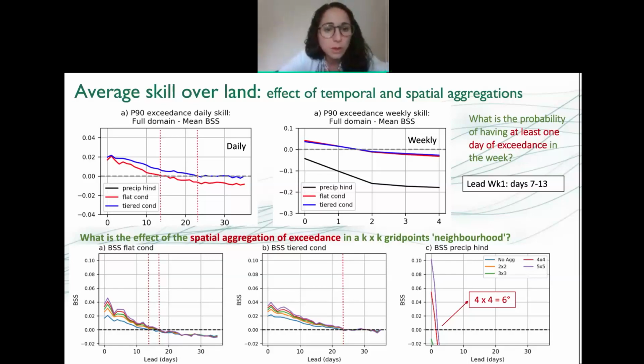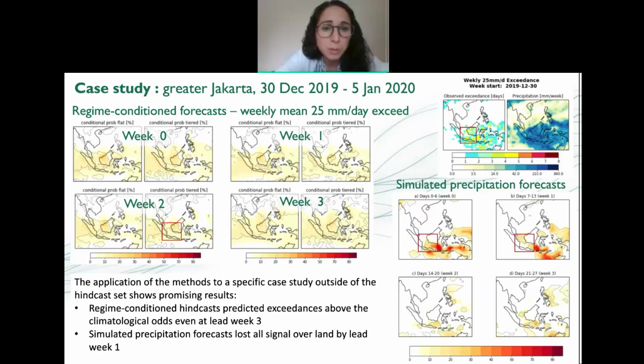Finally, we brought here an example of a case study in which we picked an event that had been very significant outside of the hindcast set. And we were able to show that the regime condition forecasts here on the big plots were providing us probabilities of obtaining an exceedance event even 2 and 3 weeks in advance.